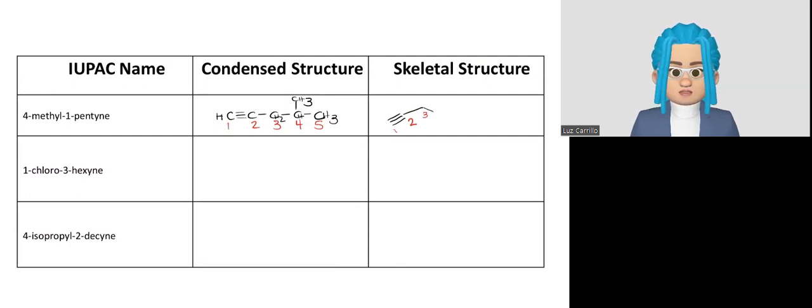So we're going to go 2 more carbons to represent 4 and 5. And since the vertex for carbon 4 is pointing down, then that methyl group is going to be pointing down. And that's the skeletal structure for 4-methyl-1-pentyne. Make sure that you practice with the other problems that we have in the slide.